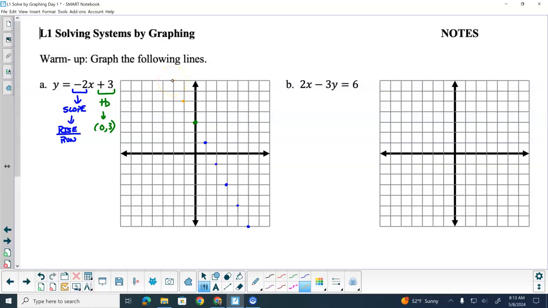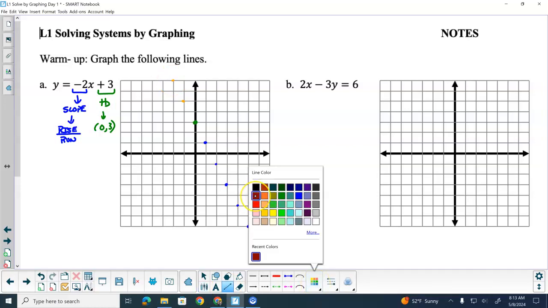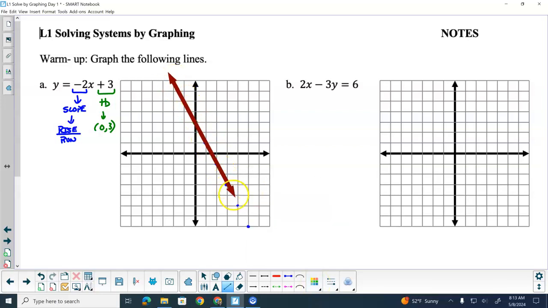Then we accurately connect our line, making sure we cover up or go through all of those points, and we have our arrowheads on our line outside of the grid.